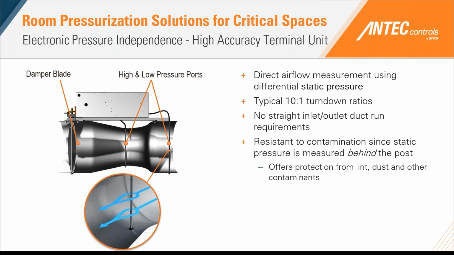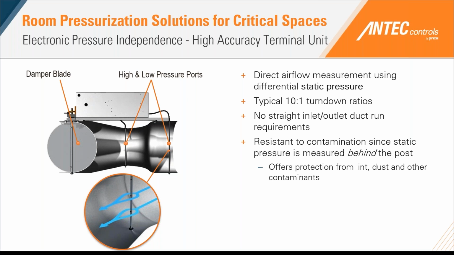Typically with your high accuracy terminal units, we're taking direct airflow measurements. This could be through static pressure readings. This can be through an orifice plate reading. It depends on the technology you're selecting. You're typically going to see a 10-to-1 turndown ratio utilized. Typically, high accuracy terminal units won't require any straight inlet or outlet duct run requirements. And then lastly, generally, there should be some resistance to contamination.